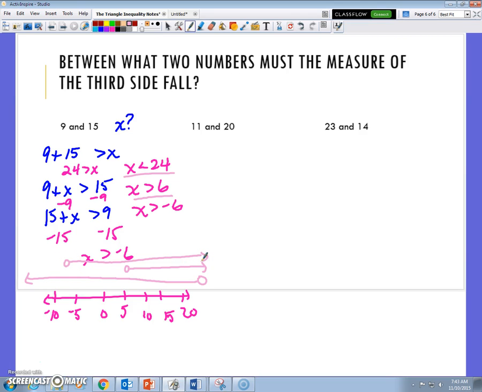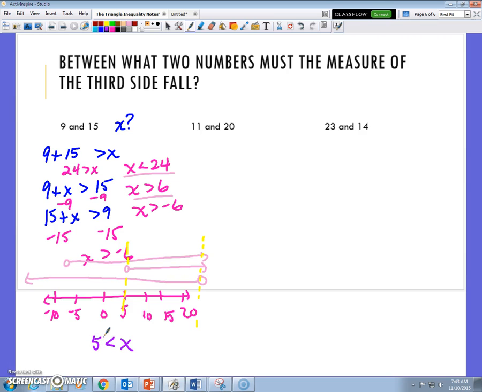So my solution actually is wherever all three inequalities or restrictions have in common. So it looks to me like my x values are x must be bigger than 5.